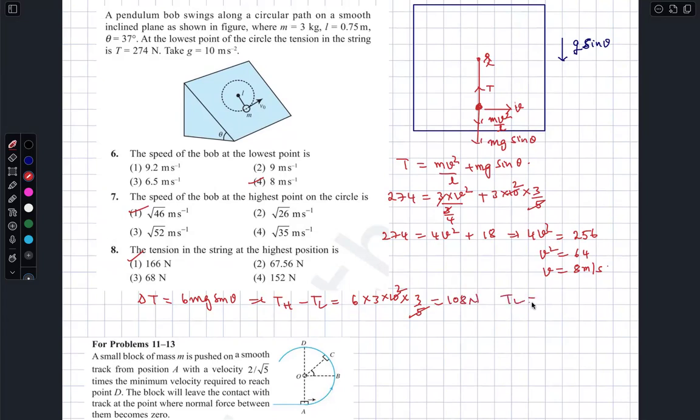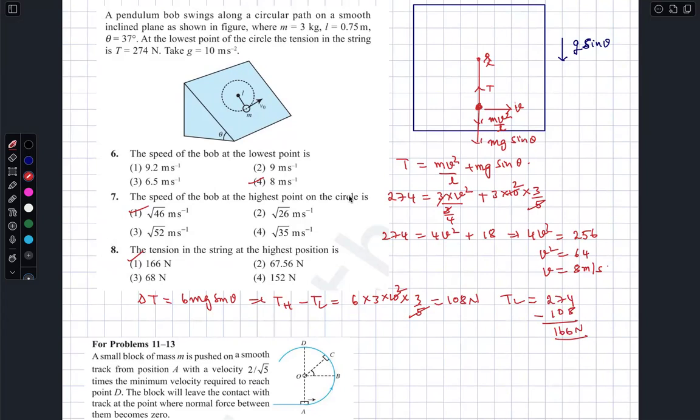So T lower side is 274 minus 108, which is 166 newtons. Correct. Is anything unclear? If you have any doubt, ask me.